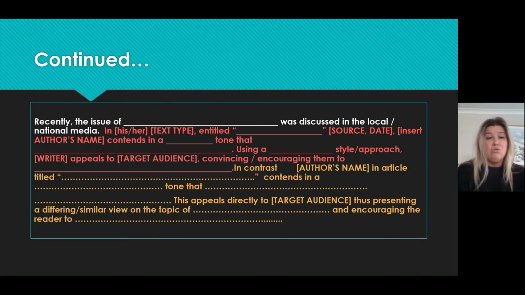If you are struggling, you could use something like this to assist you in your construction of your beginning introductions. But what we would like to see from you is by the time the exam rolls around, you're moving away from this kind of formulaic methodology and you do become a little bit more organic in your construction.